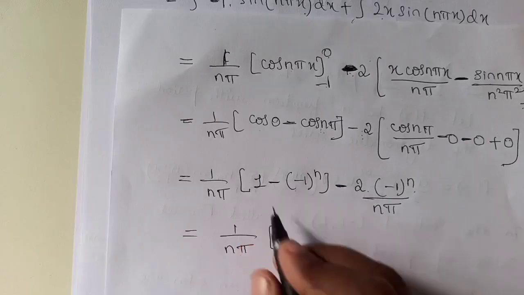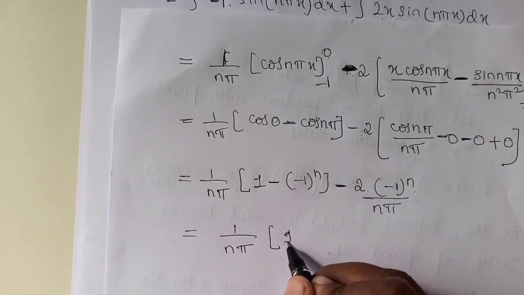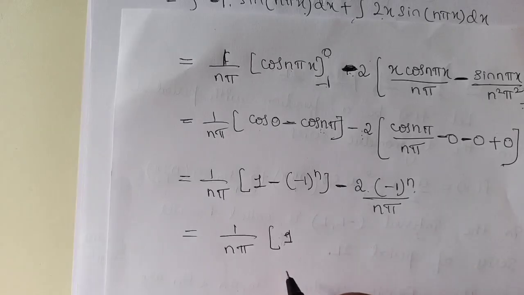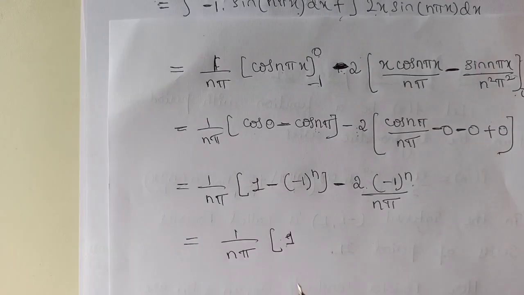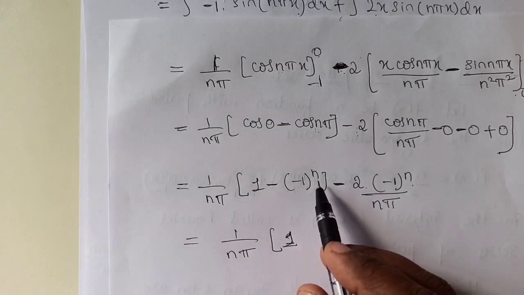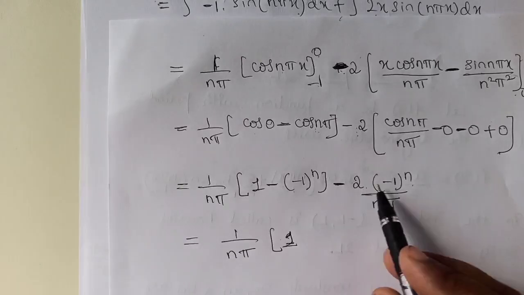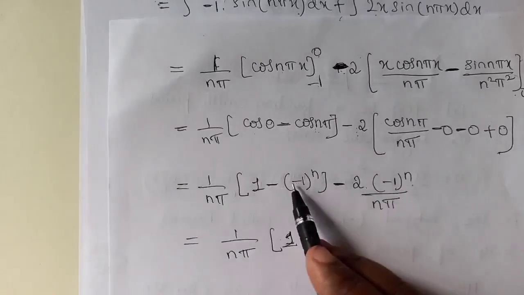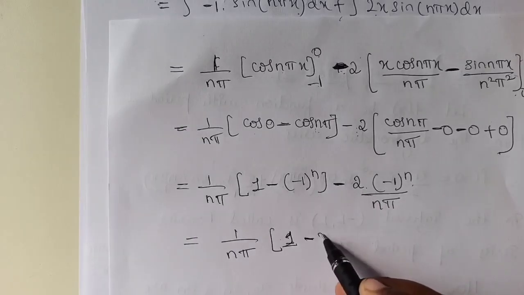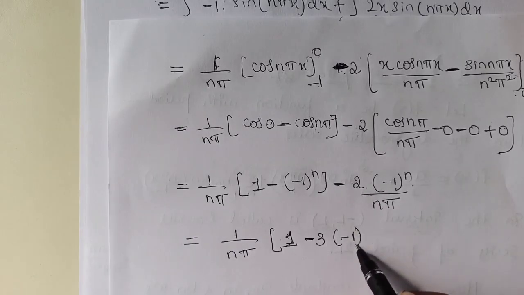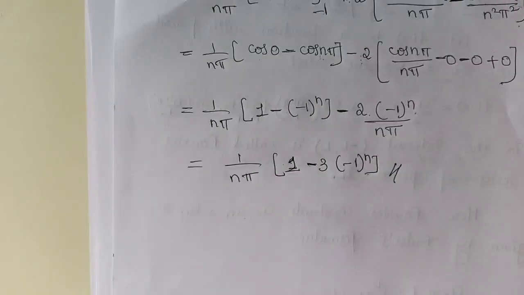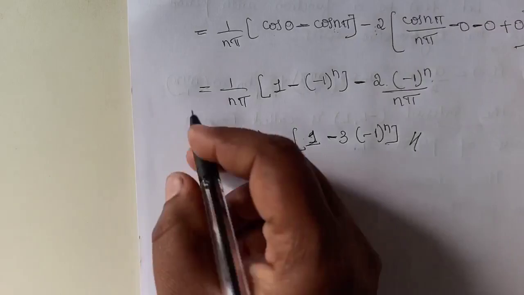It becomes, here we keep this one as it is, 1 minus (-1)^n minus 2 (-1)^n. So it is 2 terms. Further simplifying, we get 1 minus 3 into (-1)^n. So this is the Bn value.